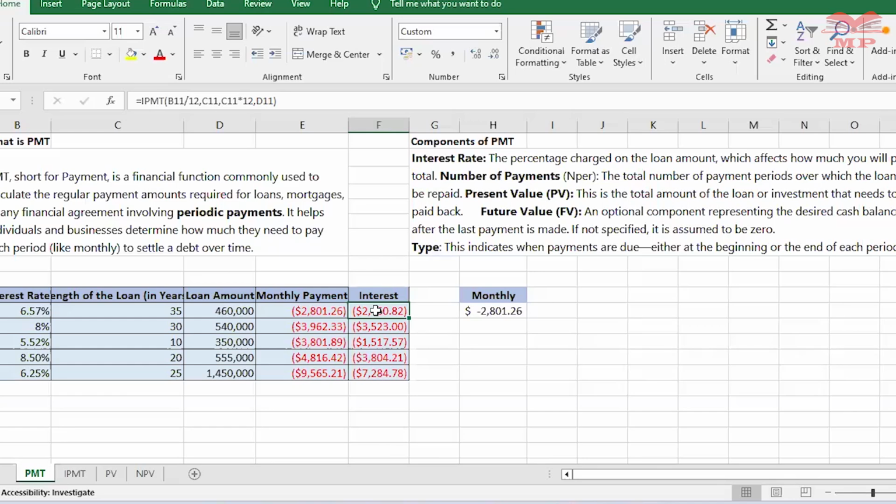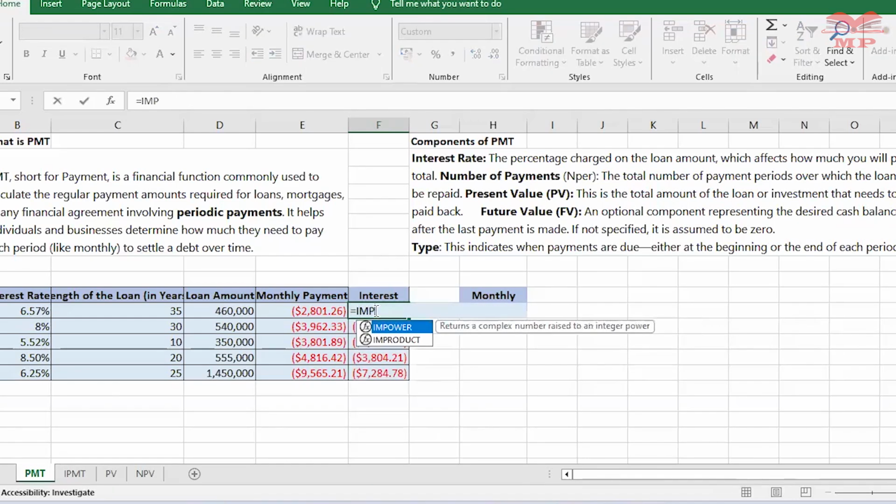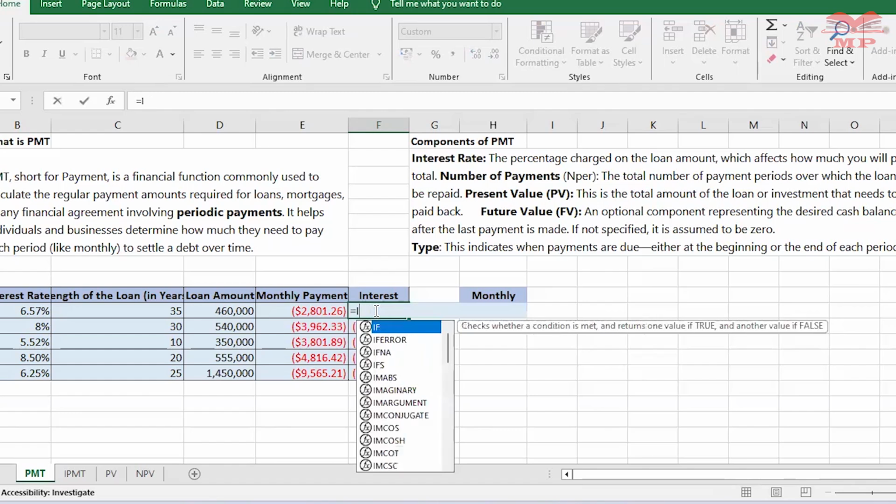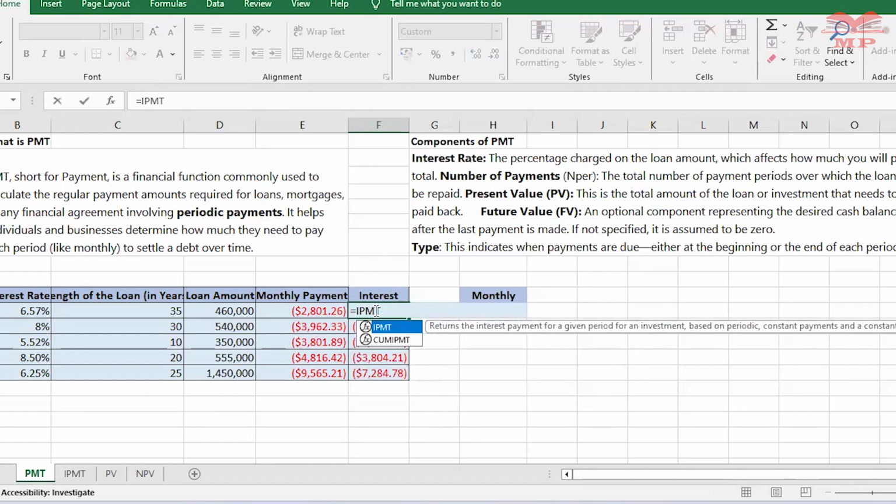Okay, so if we use the IPMT formula in this case, as a conclusion, it still includes the rate. We divide that by 12 to get a monthly interest rate. And in this case, they were paying over 35 years. No, we would need to get the period.